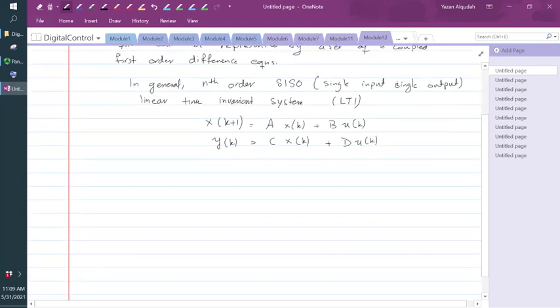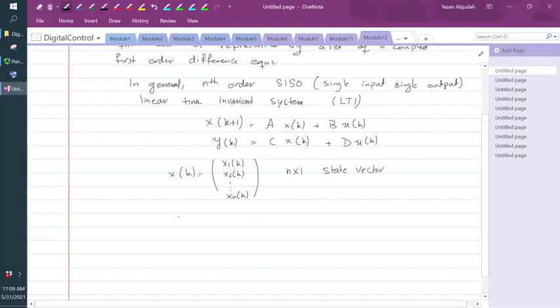What are these x and A and B, C, D? First of all, x of k is equal to x1 of k, x2 of k, all the way to xn of k. And these are the state vector. This is an n by 1 state vector.